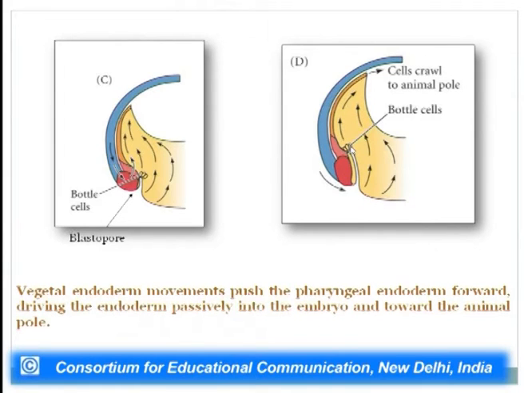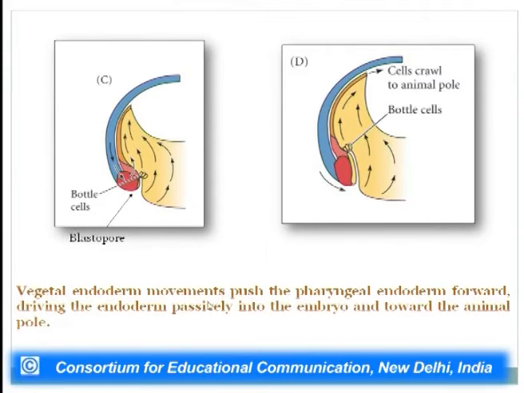So the bottle cells always move towards the anterior or the ventral side. So they are going inside, and this cavity is called the primitive gut cavity, and now you can see it is lined by the endoderm, although this endoderm has moved in passively because of this vegetal rotation or deeper layer cells which have actively moved in.